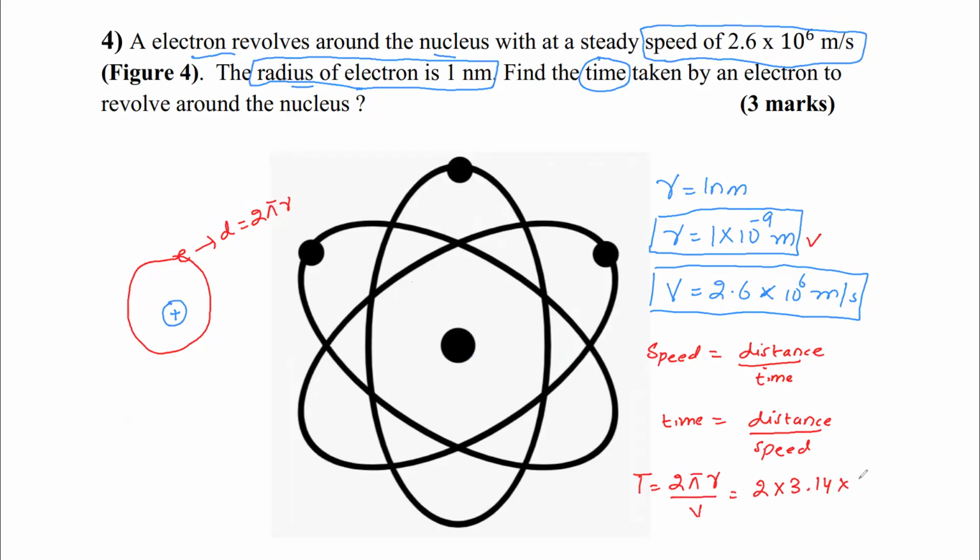The value of R is 1 multiplied by 10 power minus 9, divided by the value of speed, which is 2.6 into 10 power 6. Just rearrange and we can solve it using a calculator. You can get the value of t, which is in seconds. Okay. So this is the method to find the time for this question.